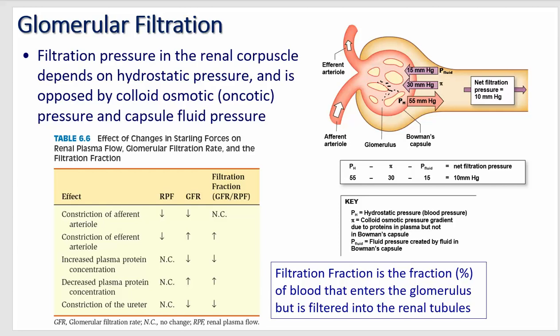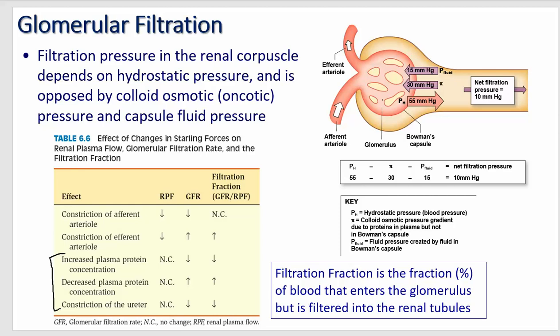So this 30 could become 45, and if it becomes 45, then you've got this colloid pressure pulling back in could become 45. If it becomes 45 because we have more proteins, then we have no filtration. We're going to see an example of that later. Okay, so hopefully these things make more sense. Constriction of the ureter, yeah, I guess that can slow things down all the way around.